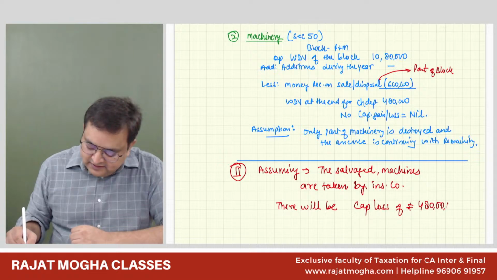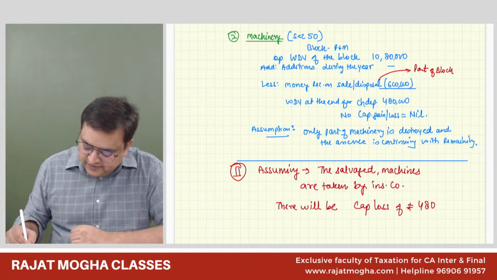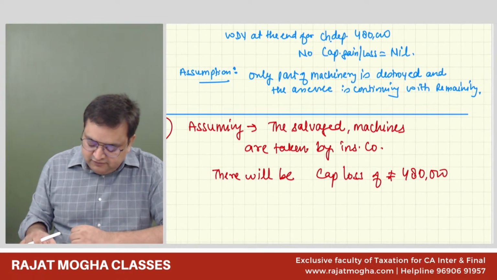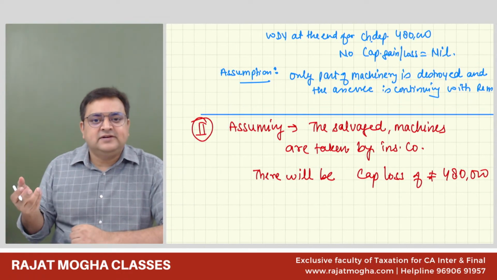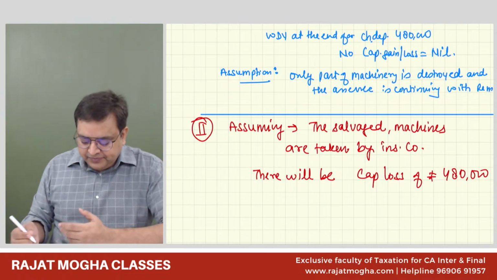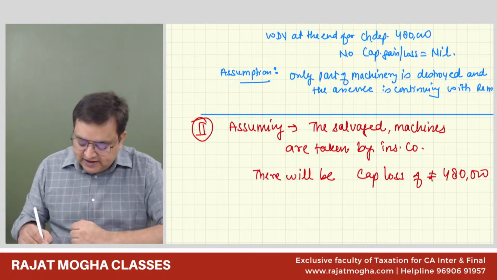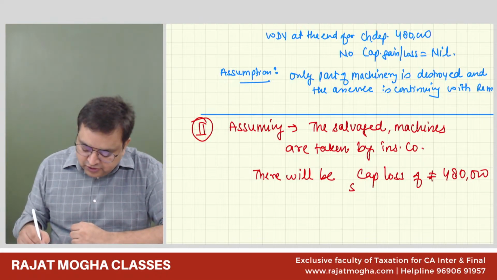Can you tell me what is the nature of this capital loss? Long term or short term? Very good. We understand that these depreciable assets are always short term. I've told you in classes why it is short term, because actually we subtract it from the current year value only. So that is the reason there will be a short term capital loss. Section 50 is always short term.